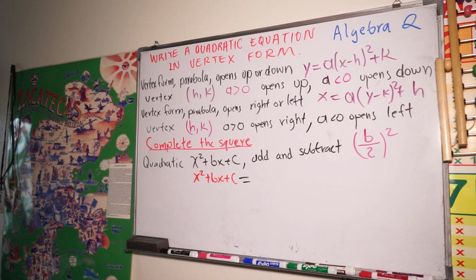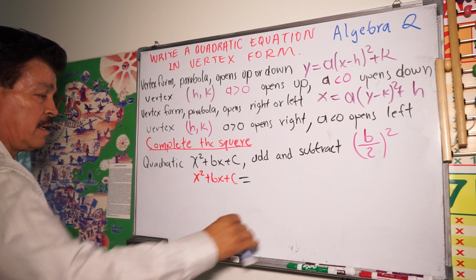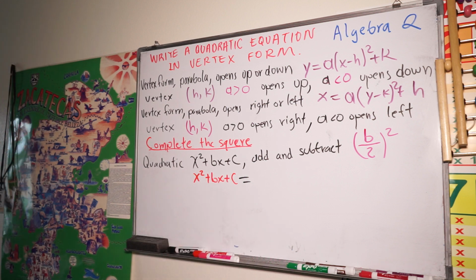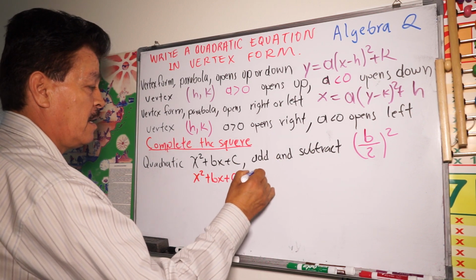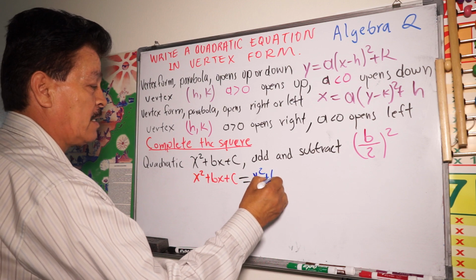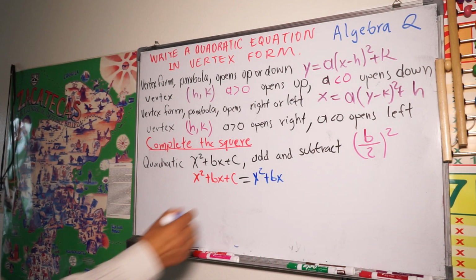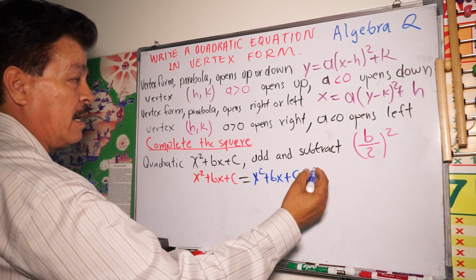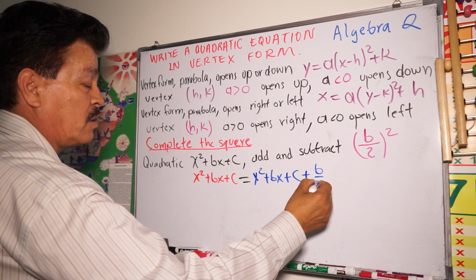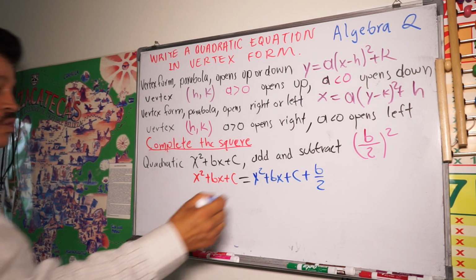For example, we have the formula there, and then we have to rewrite the formula in this way. We are going to have x to the second power plus bx, right? Plus c plus b divided by 2 to the second power.